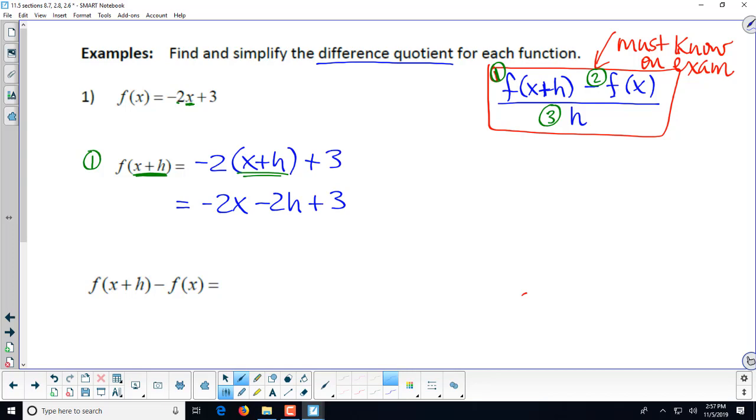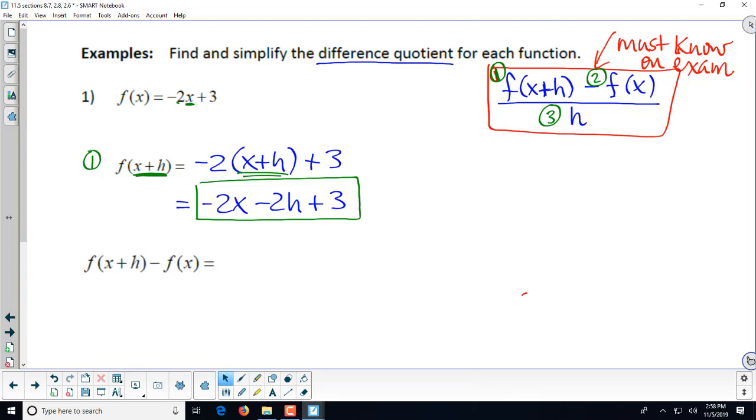So this is f of x plus h simplified, so to speak. MyMathLab will give you these 3 prompts just as I did. They're going to want you to enter this in MyMathLab. Then you know if you did it wrong, fix it, because you're going to have to use that to continue on. That is the nice thing about having to enter them separately.